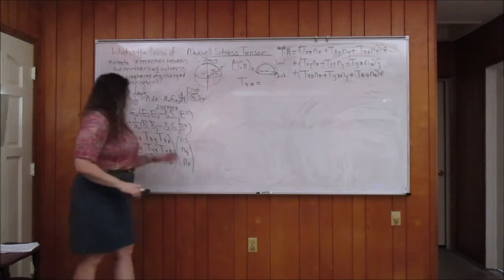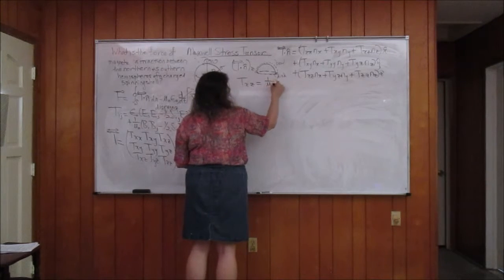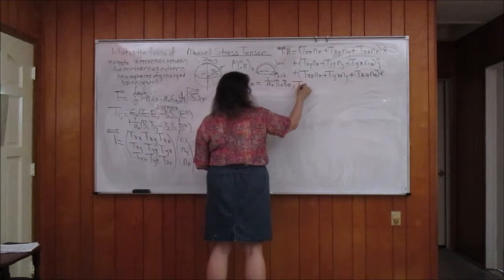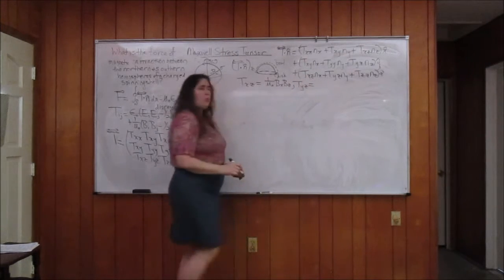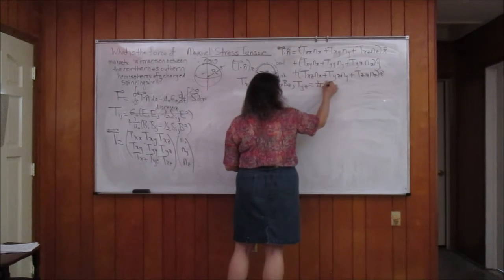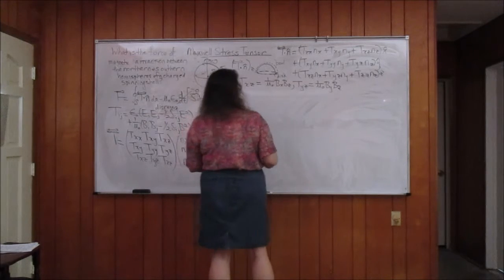If I look at TXZ, what is that equal to? Well, that's just 1 over mu naught BX BZ. TYZ is just equal to 1 over mu naught BY BZ. And yeah, that's right.